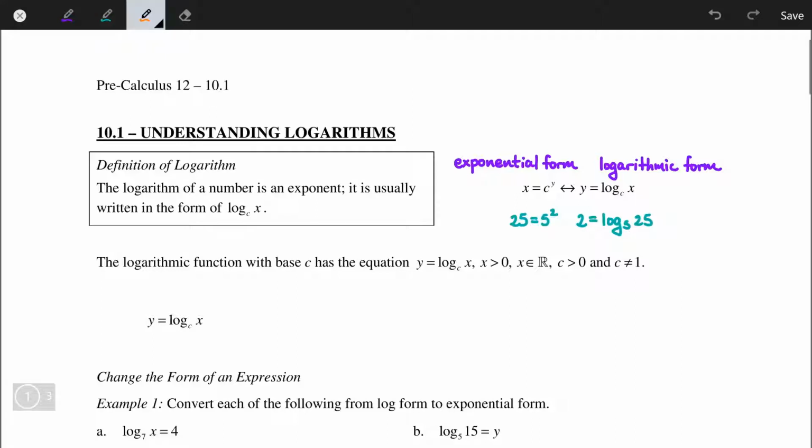Of course, the logarithm has an associated function, and we have y equals log base c of x. So the y here is the value, that is to say the exponent. c is the base.